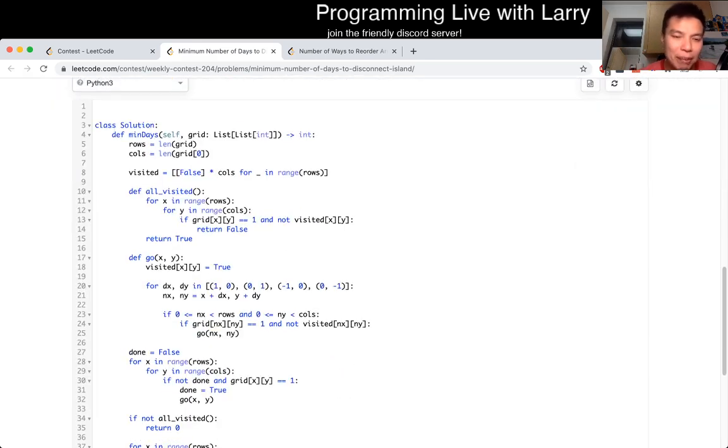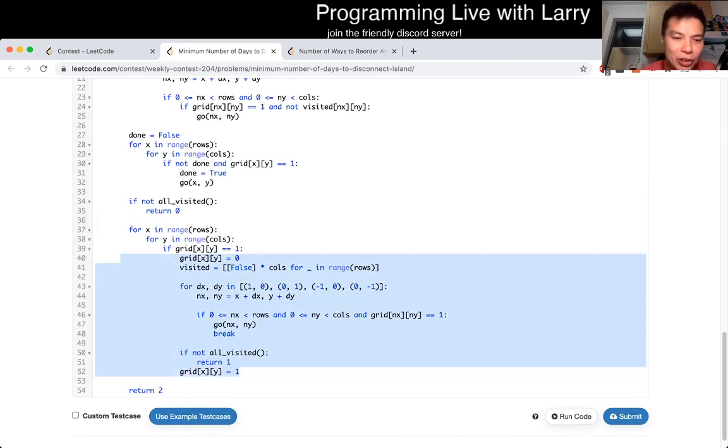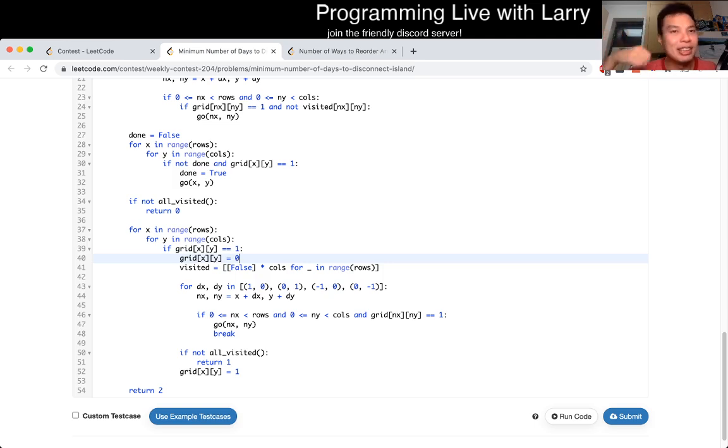That's all I have for this problem. Well, no, let me go over the complexity, right? So basically, for each node we can disconnect, we could disconnect each node once, right? And for each of those nodes that we disconnect once, we visit every cell possibly. So in that case, it is n squared, where n is the total number of cells, which is rows times columns squared, or rows squared times columns squared.